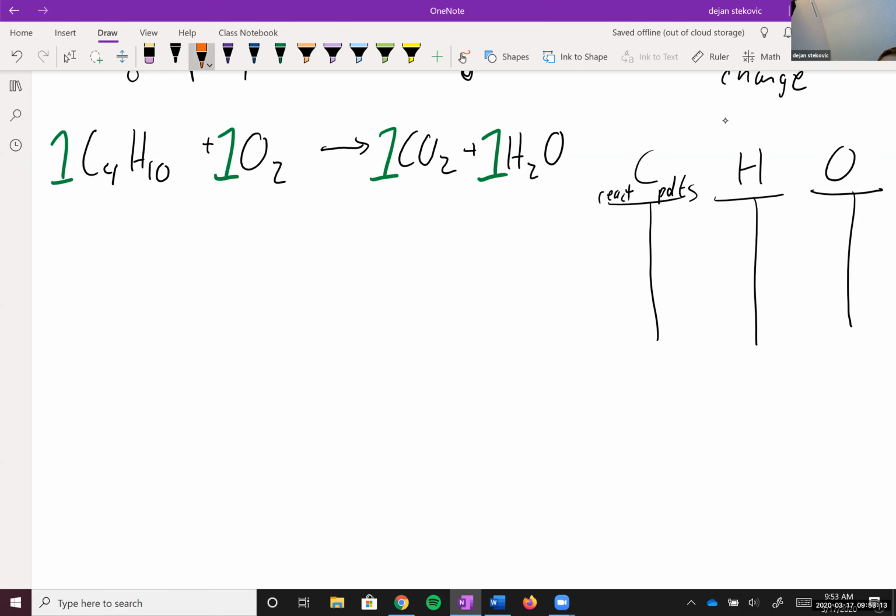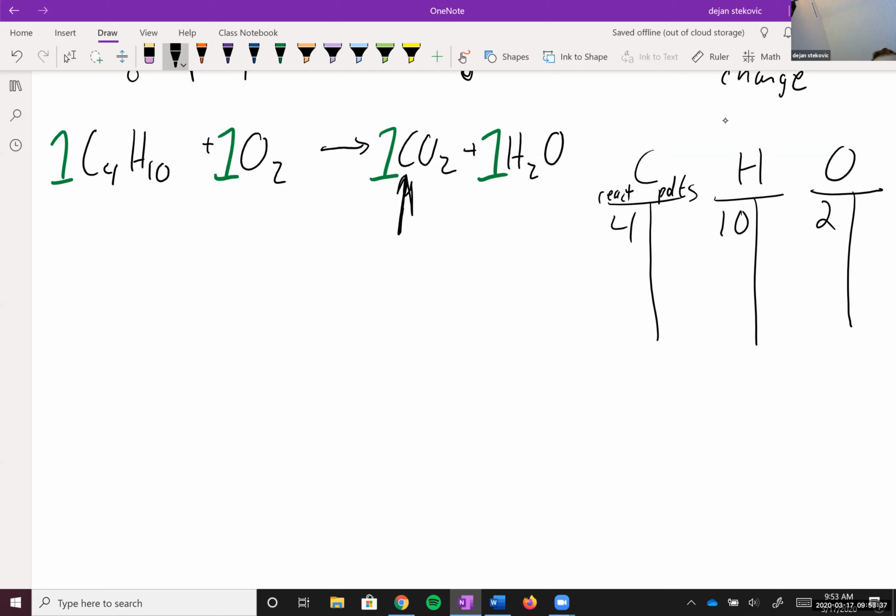So currently we see that we have one C4 or 4 carbons, right? So 4 carbons right there. Here we have 10 hydrogens. And then we have 2 oxygens. Cool. And then we take a look at the product side.